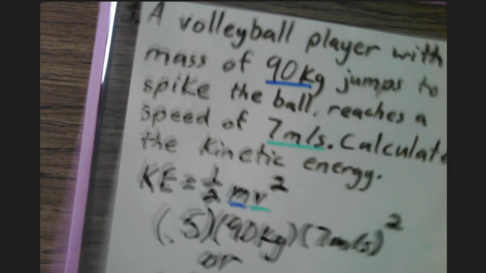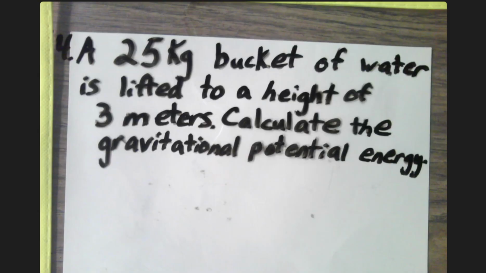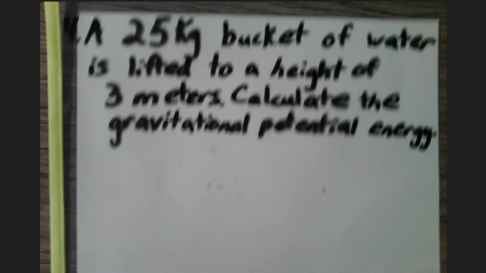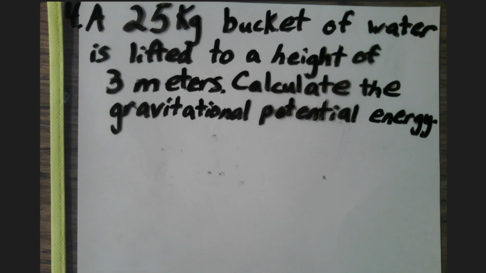Now let's move on to potential energy. Potential energy is a little different. So potential energy: a 25 kilogram bucket of water is lifted to a height of 3 meters. Calculate the gravitational potential energy.